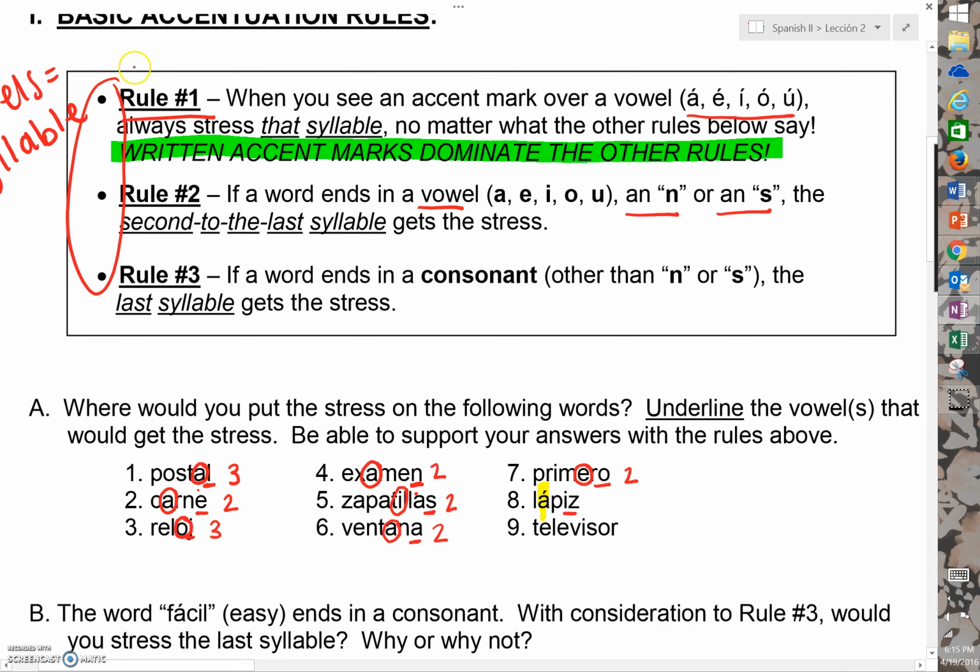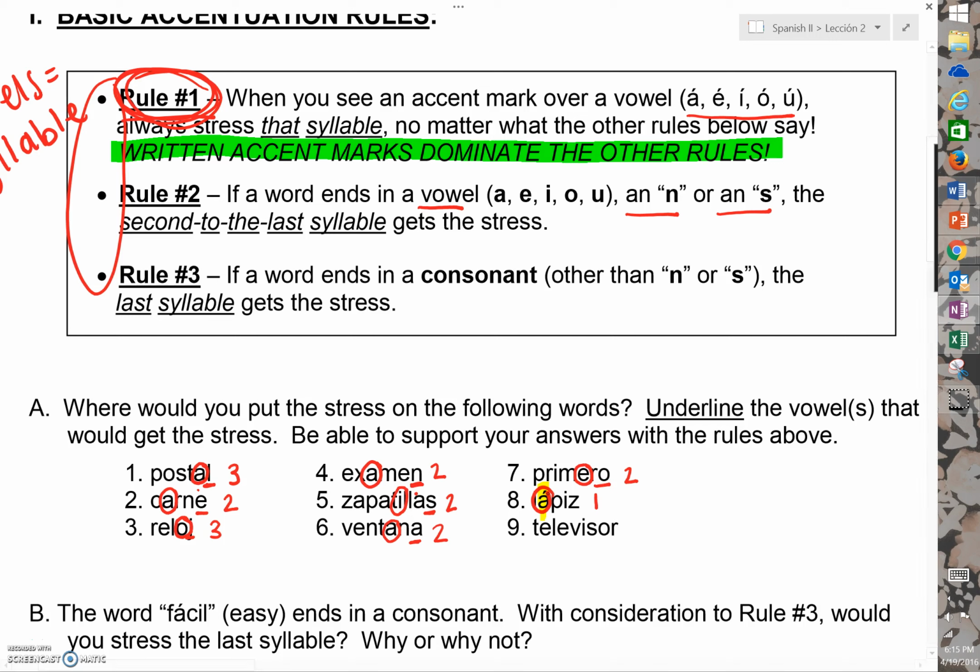What does rule number 1 tell us? When we see a written accent mark over a vowel, A, E, I, O, or U, that syllable always gets the stress. So even though this ends in a consonant, there's an accent mark, so we have to ignore rule number 3. And that A will receive the stress.